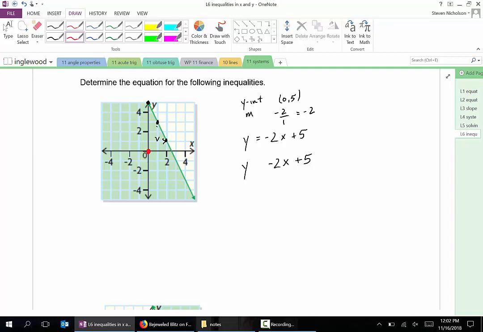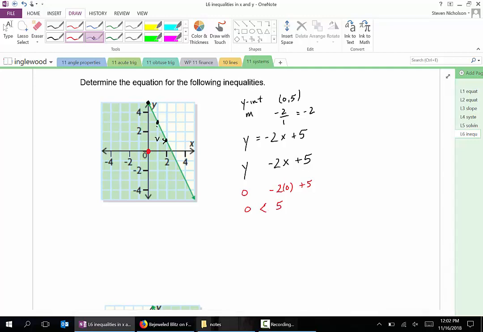So I'm going to pick (0, 0), and I'm going to plug that in. And notice I leave it blank, because all I want to do is fill in the inequality. So 0 blank negative 2 times 0 plus 5, 0 blank 5. All we have to do is put in the right inequality. Is 0 greater than 5 or is 0 less than 5? And hopefully 0 is less than 5.